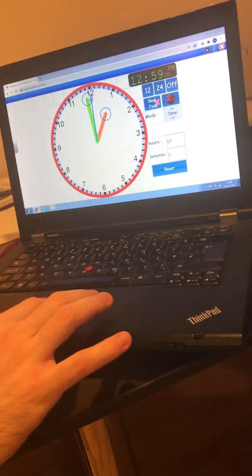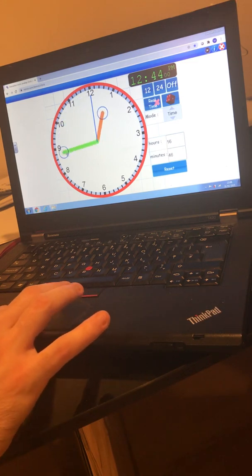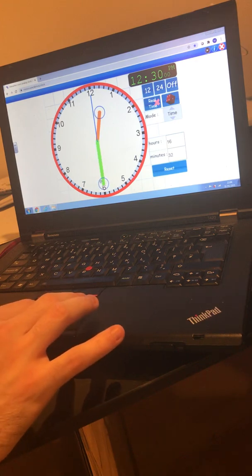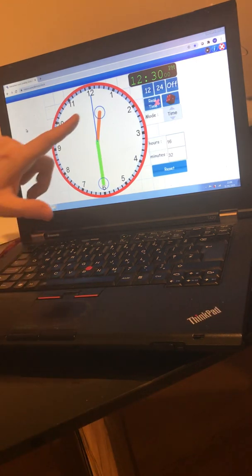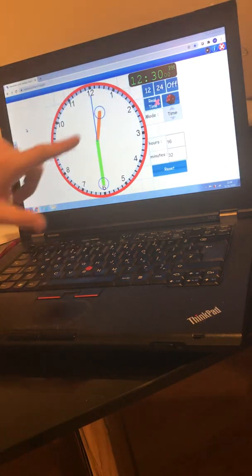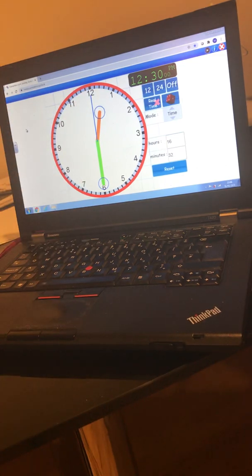A whole hour would be all the way around, but if it's only half an hour, we go back to halfway round the clock, which is here, giving us a time of, we were at 1 o'clock, now we've taken away half an hour, which puts us at 12:30.